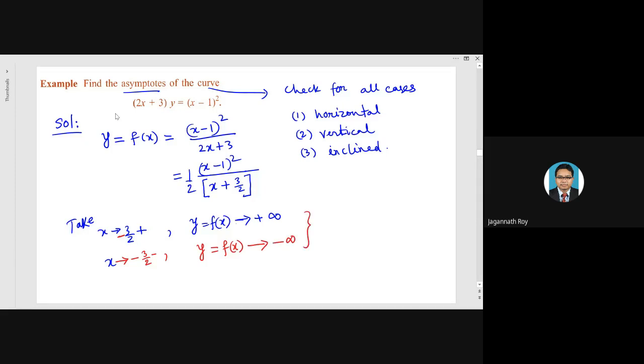So together we can say that x equals minus 3 by 2 is a vertical asymptote of the given curve.